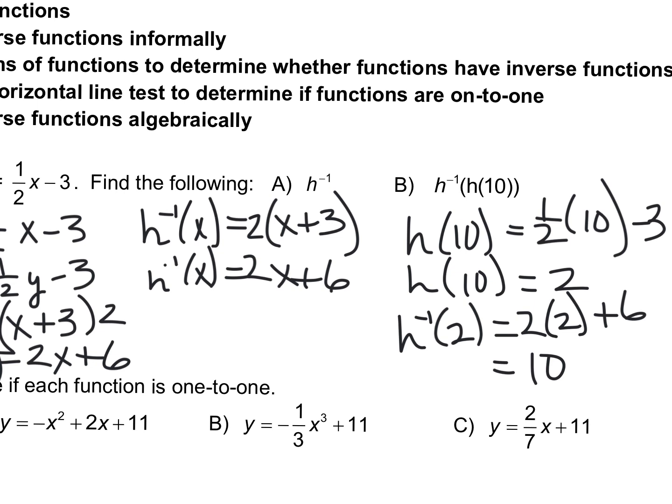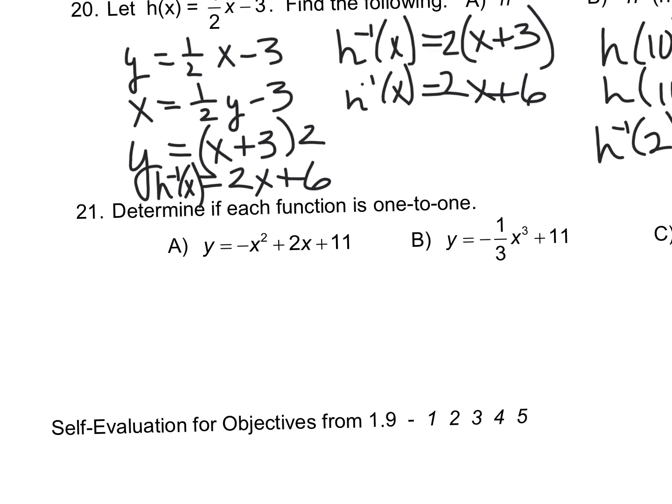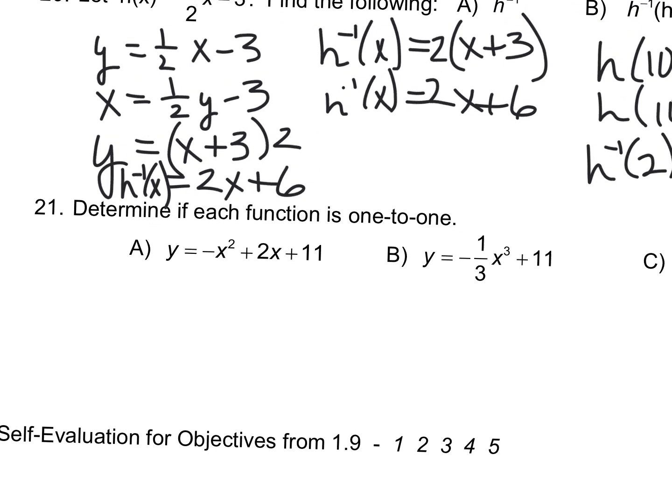And that was something that we learned, important to note, that when you insert an inverse into the other function, your output is always going to be x. It doesn't matter if this is an x or a 10 or a 15. If we have h and h inverse, doesn't matter the order, your answer, no matter what the function, will always be that input. Okay, determine if the function is 1-to-1.